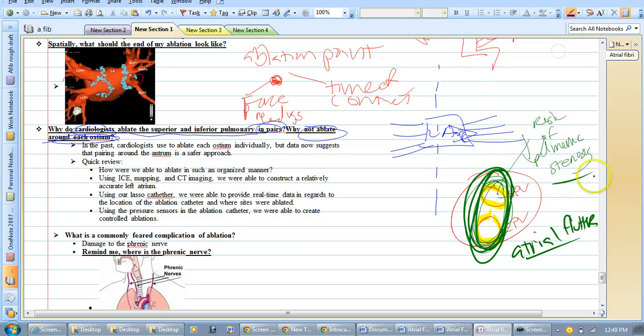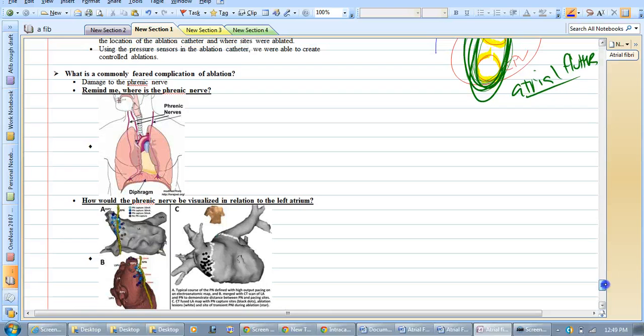And I do want to cover one more complication with you guys really quickly. Ultimately, there are tons of possible complications that can happen in this technique. One thing you'll see in the EP lab is the fear of ablating the phrenic nerve. So on this diagram, I tried to draw the path of the phrenic nerves.